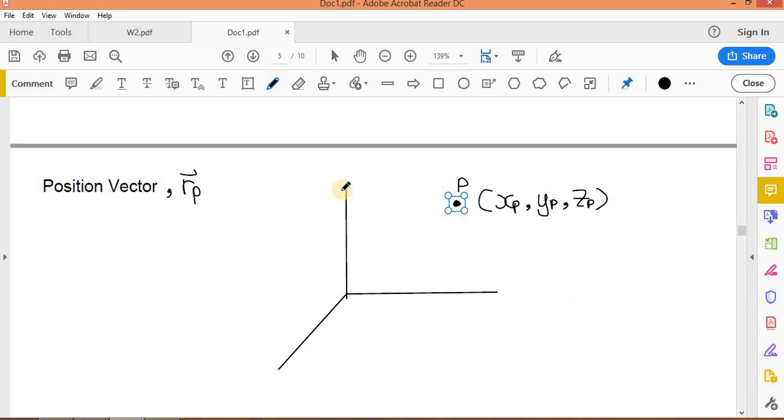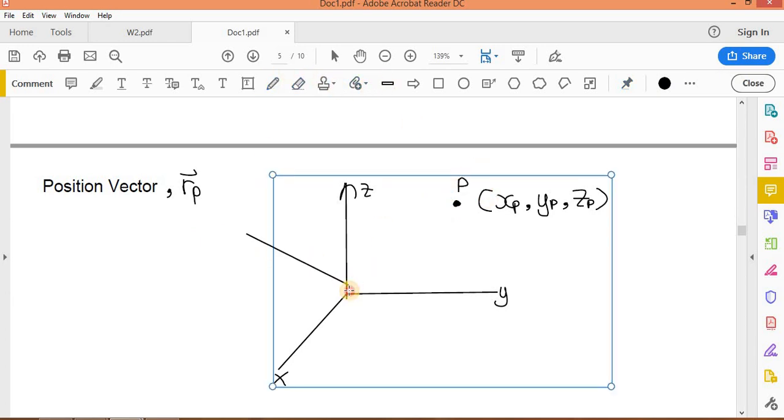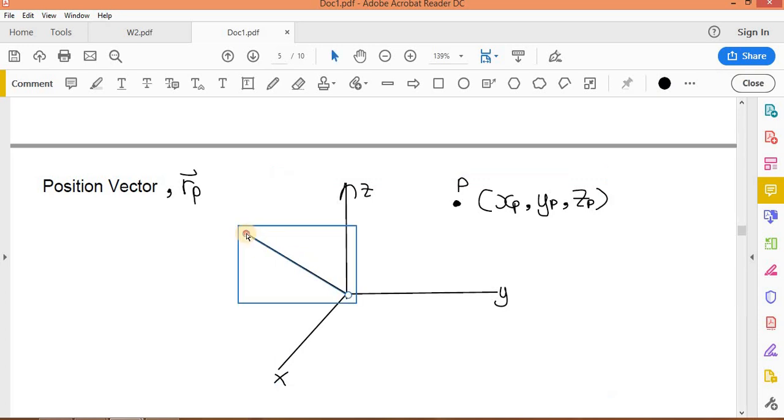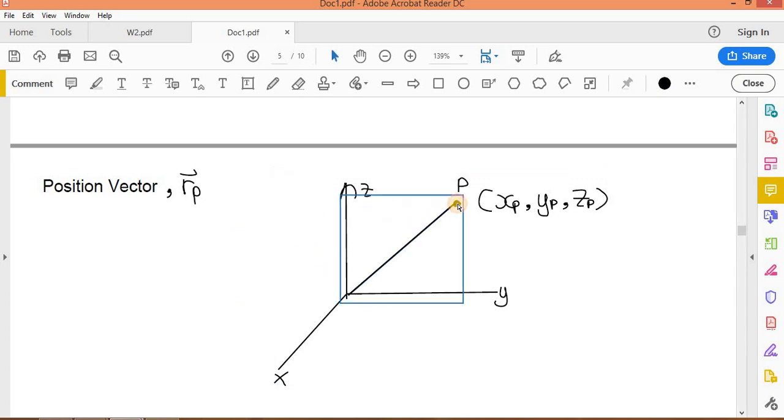So this is z, this is y, and this is x. The position vector is actually a vector linking your origin and point P. So it is from the origin to point P. You need to find this vector.